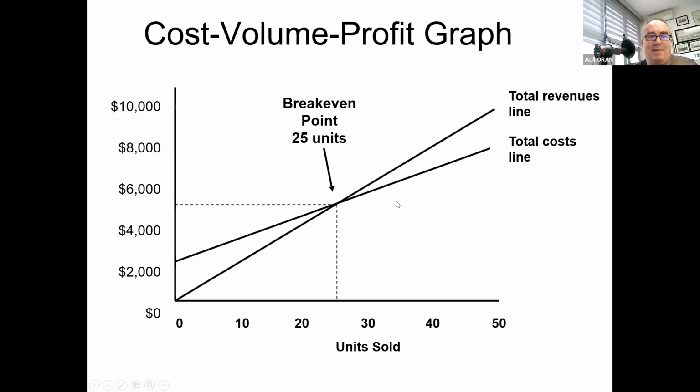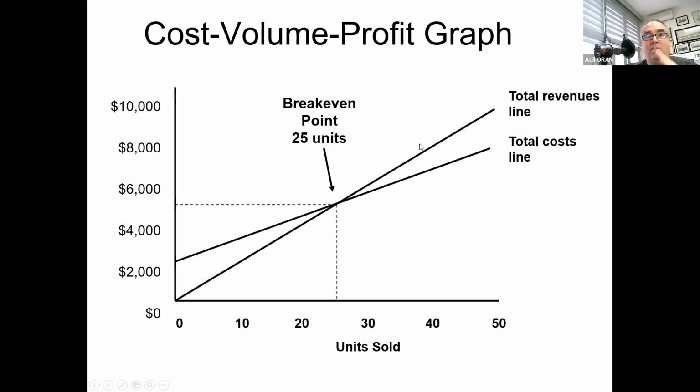The difference between the two lines is going to be the contribution margin. The slope of the cost line is actually your variable cost per unit, which was 120. So as production and sales go up by 1, your costs go up by 120.